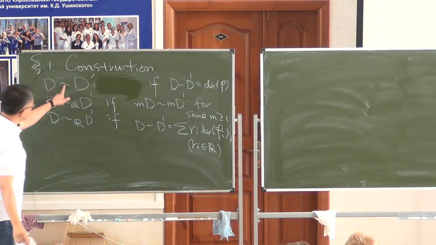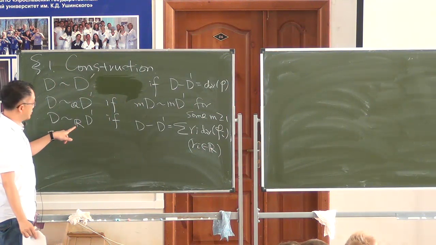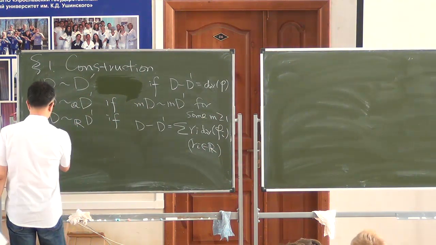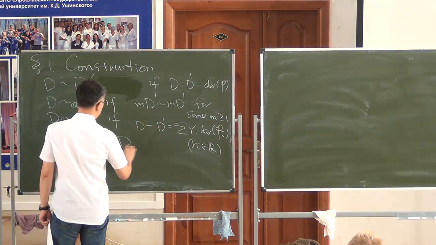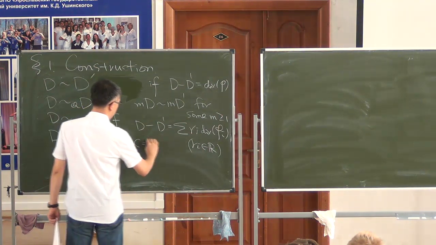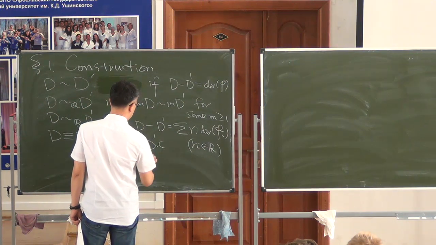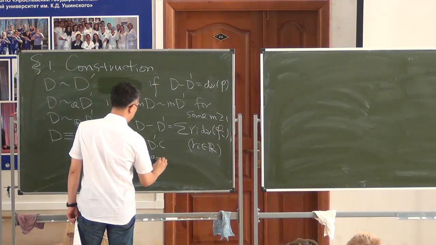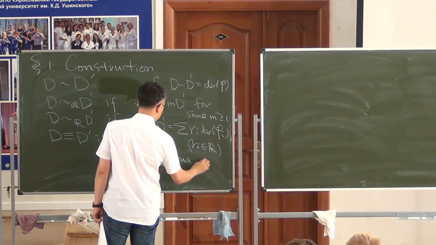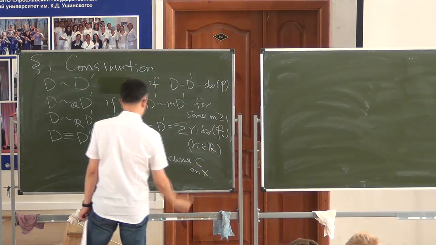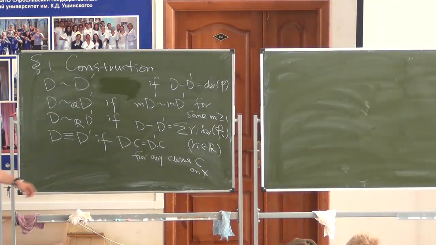So this is called linear equivalence, Q-linear equivalence, and R-linear equivalence. And I will use one more: D ≡ D' if D·C = D'·C for any curve C on X. So this is called numerical equivalence.